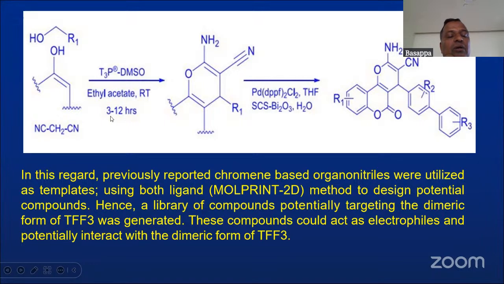My student Kirti HK did the chemistry. Once the amino nitrile had been synthesized, some more diverse structures were prepared by Suzuki coupling reactions in the presence of palladium metal ligand complexes.